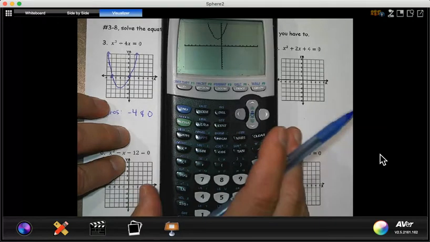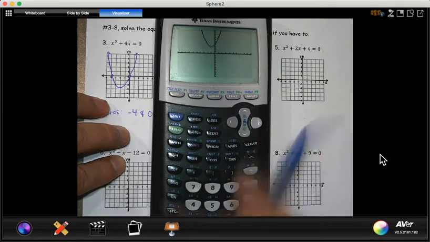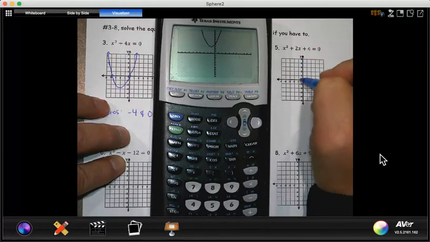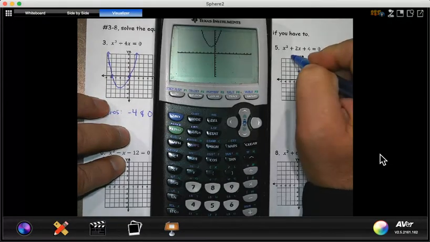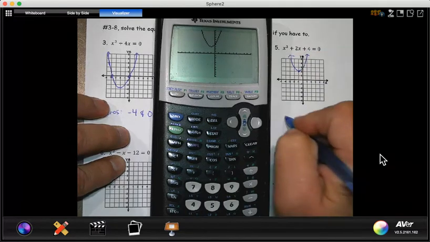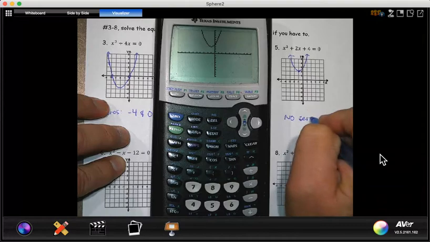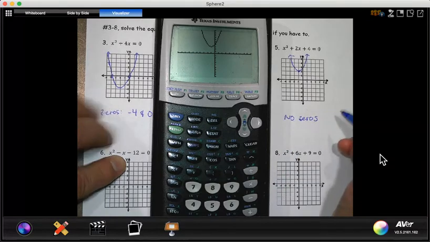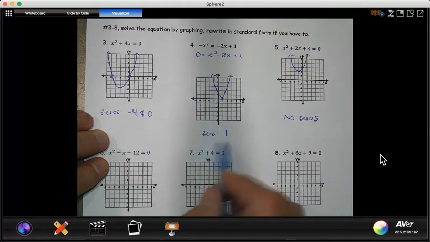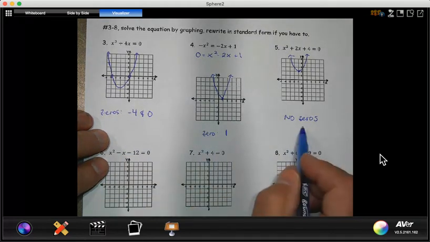And you can see there are no x-intercepts. That means this graph has no solution. So let's graph its rough sketch. No zeros. That's a possibility. So if you take a look, you could have two of them, one of them, or none. Okay.